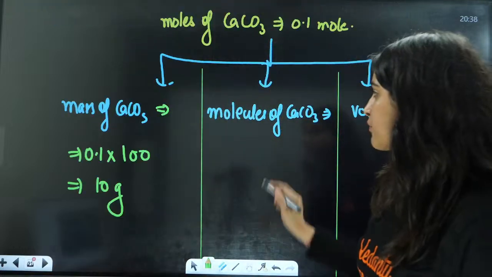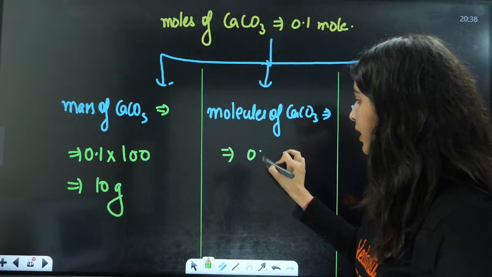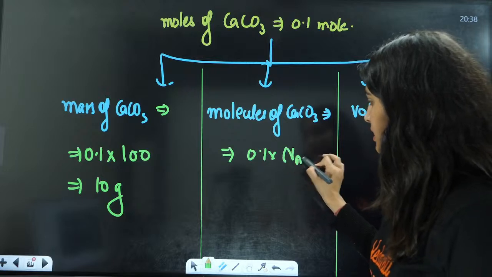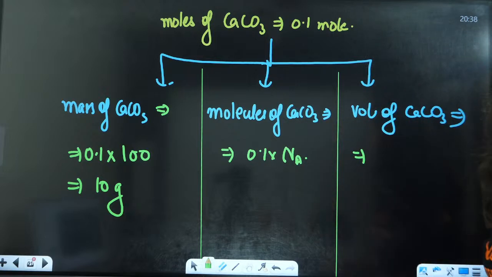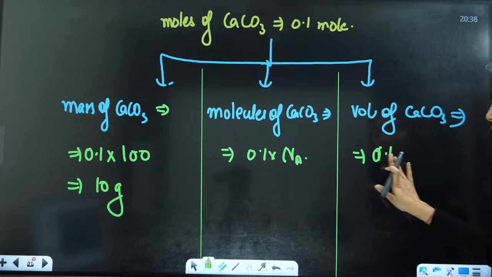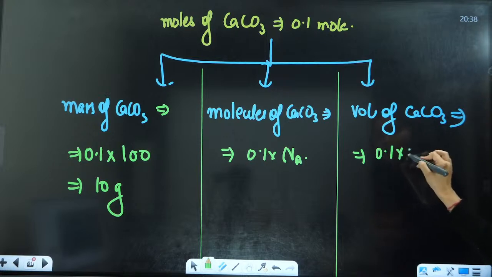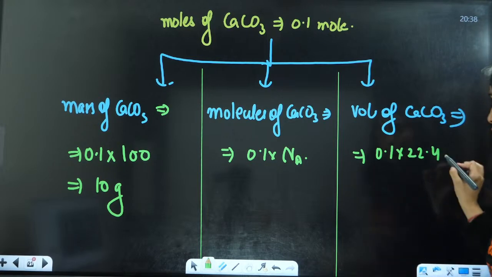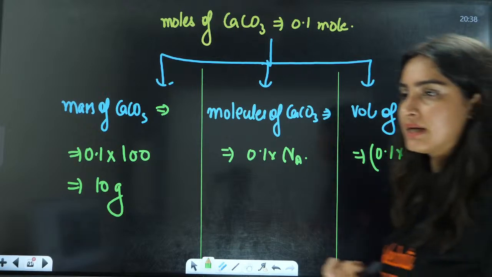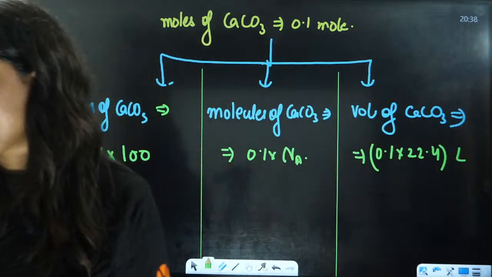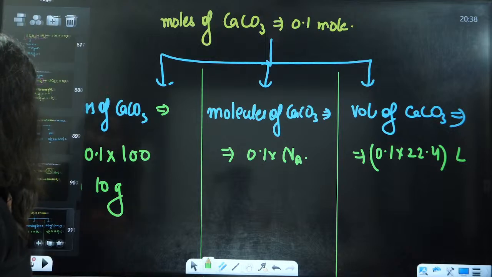If you want to calculate the number of molecules here, that is 0.1 into Avogadro's number. If you want to calculate the volume here, that will be 0.1 into 22.4. That is going to be the volume. Okay, that is the right answer.